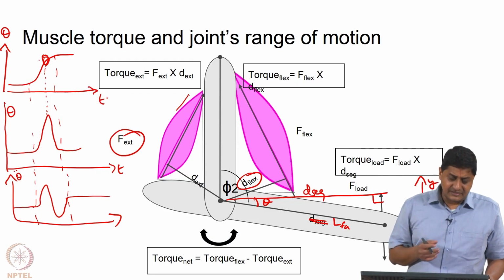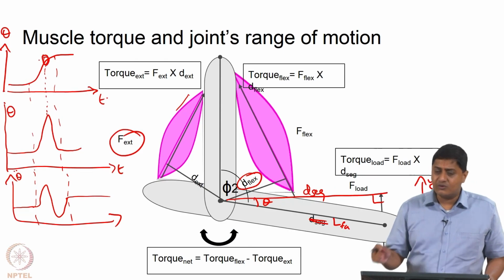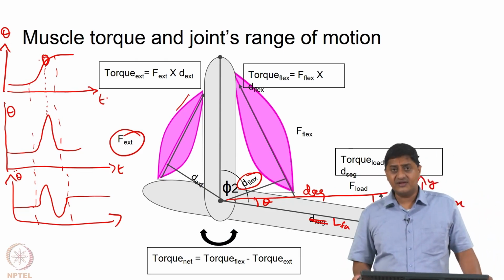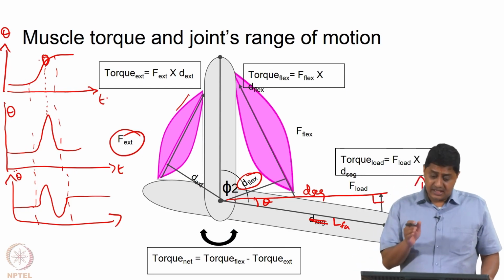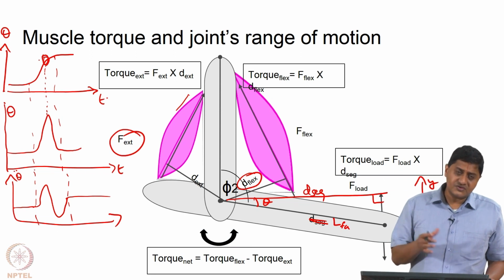Then I am interested in controlling my movement in such a way that I stop where I want, otherwise I will overshoot. By the way, dysmetria, overshooting and undershooting are diseases. Reaching the target almost accurately is a sign of health.